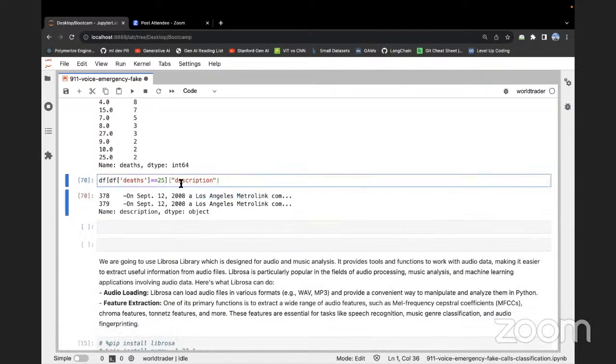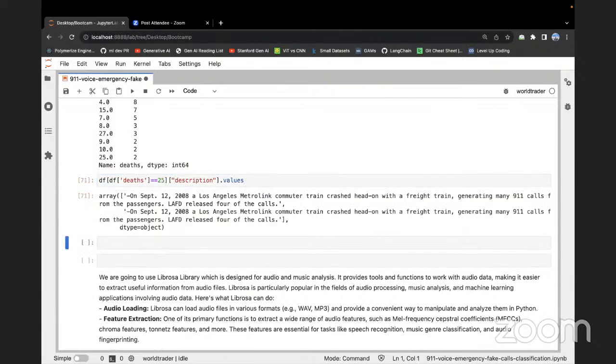Los Angeles metrolink.com, right? September 12, 2008, a Los Angeles Metrolink commuter train crashed head-on with a freight train, generating many 911 calls from the passengers. LAFD released 4 of the calls. So these are the calls that were released. Not all of them were released, but there were 25 deaths.